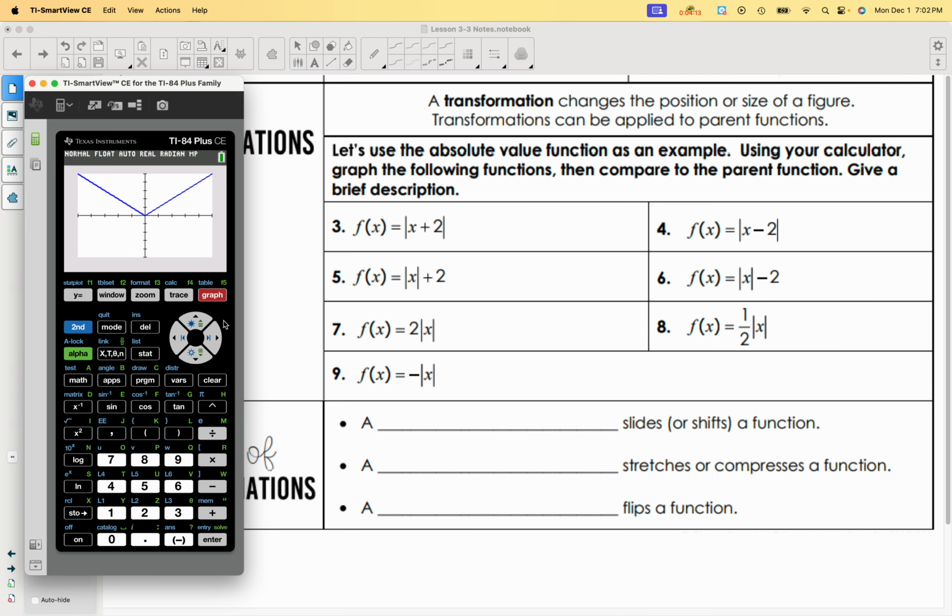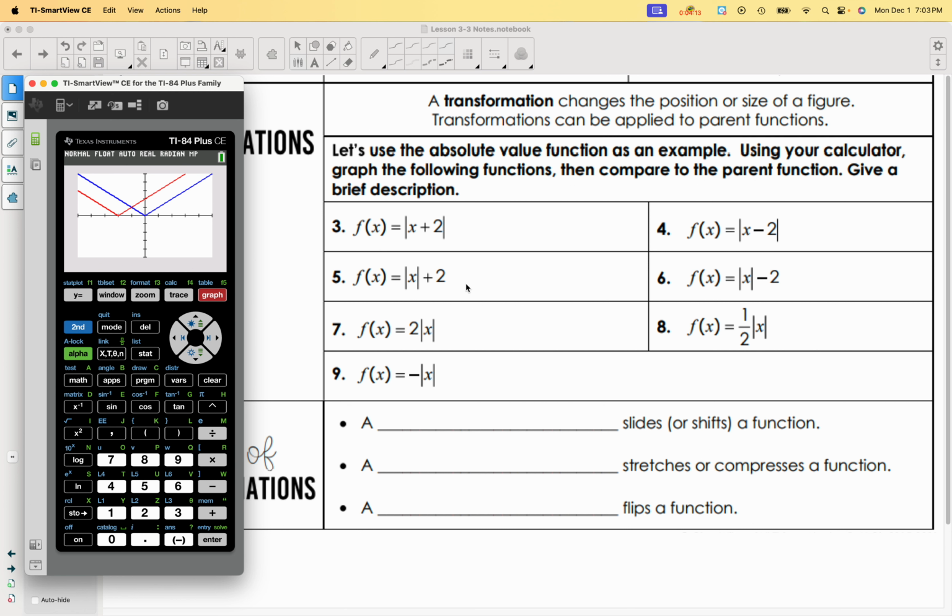Okay, so here's my graph. Now I want to compare that graph to number 3, where it says the absolute value of x plus 2. So I'm going to graph that in y2, the absolute value of x plus 2. Now if I hit graph, what happened?